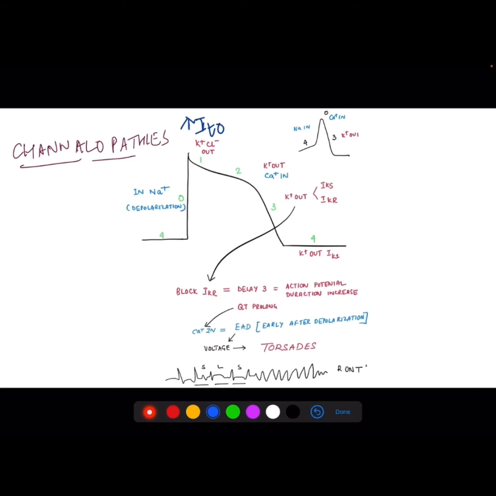The first phase, this is repolarization, this is depolarization, this is again repolarization, this is early, this is rapid and delayed. So I will tell you in brief the ions which get transferred during each phase.